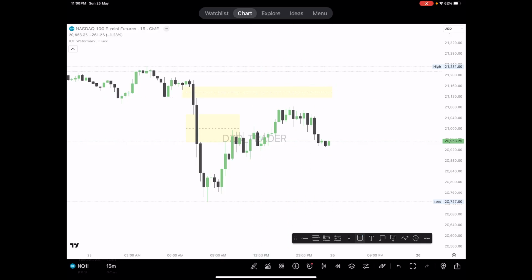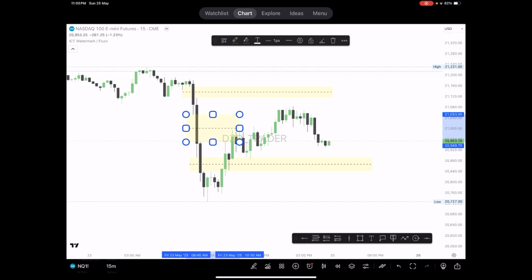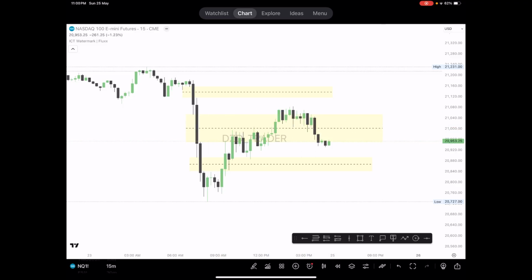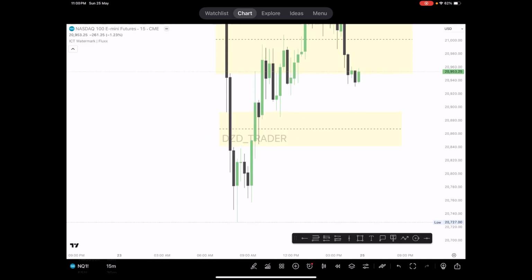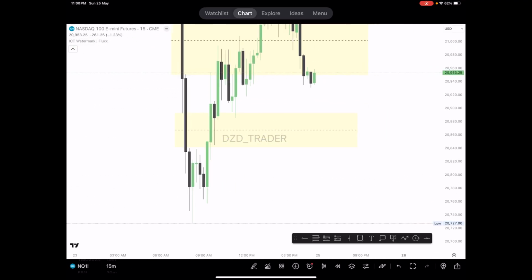And there is another one here. Each time the price goes back to one of these, there is some sort of trade going on. And there is also one at the bottom here.